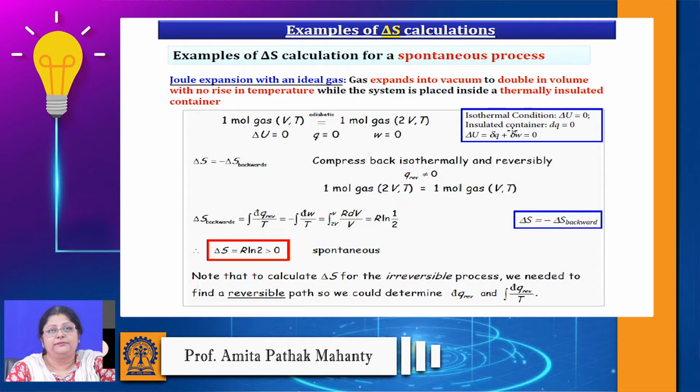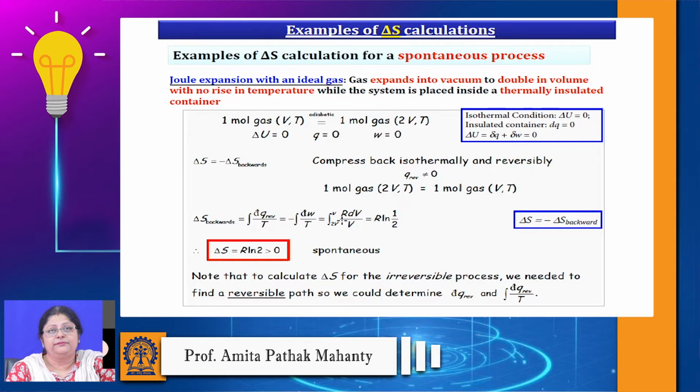But since this process is carried out isothermally, delta U is 0. So Q will be equal to minus W. So minus W, the expression you have for an ideal gas, for n moles of gas, is nR ln V2 by V1 into T. Now here you have a T, the T gets cancelled.